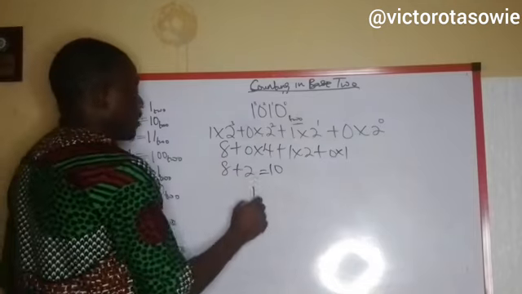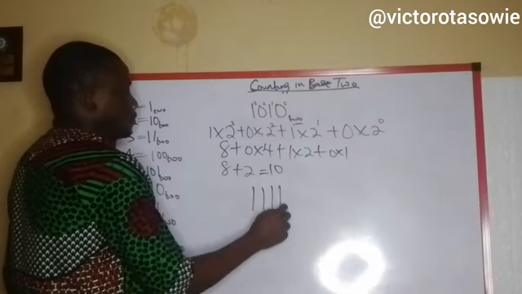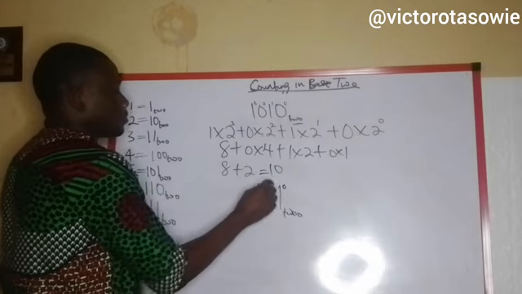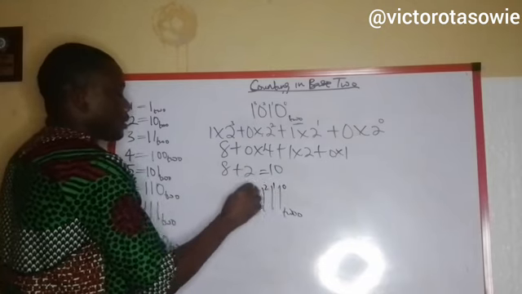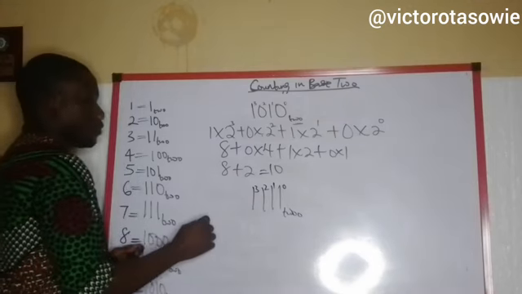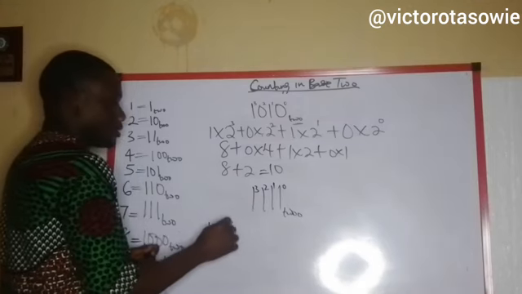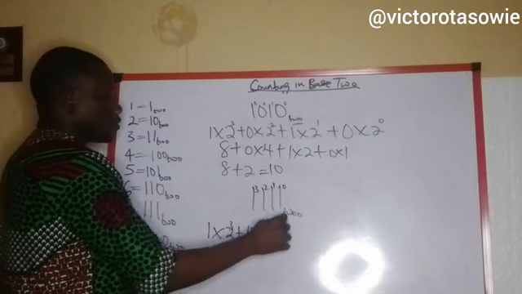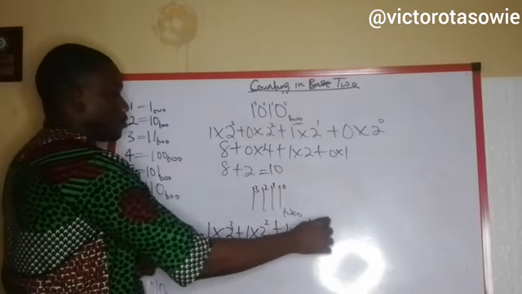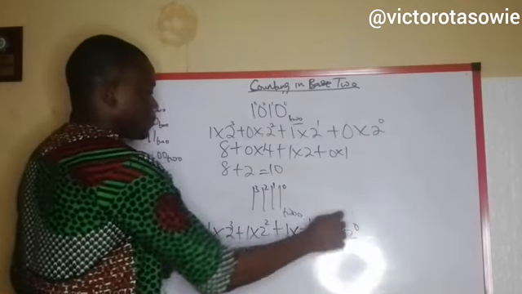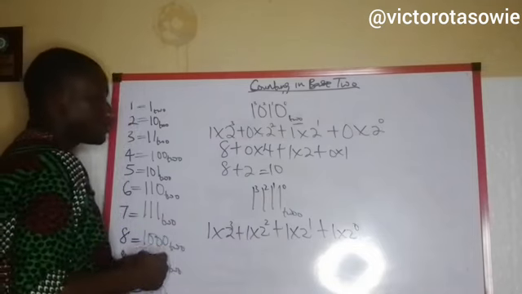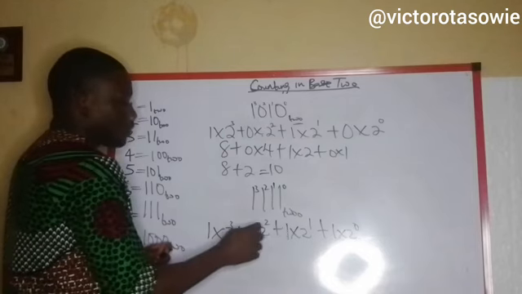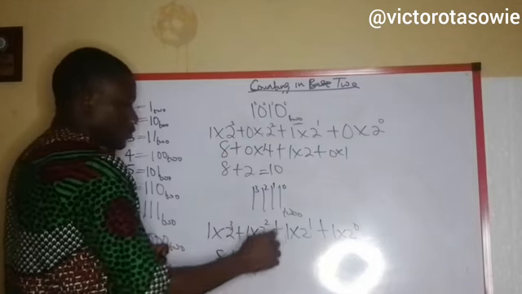So let's check 1111 base 2 and see what we get out of this. This will be 0, this will be 1, 2, and 3. So we are going to write 1 times 2 raised to power 3 plus 1 times 2 raised to power 2 plus 1 times 2 raised to power 1 plus 1 times 2 raised to power 0. 2 times 2, 4. 4 times 2, 8. 2 times 2, 4. 2.